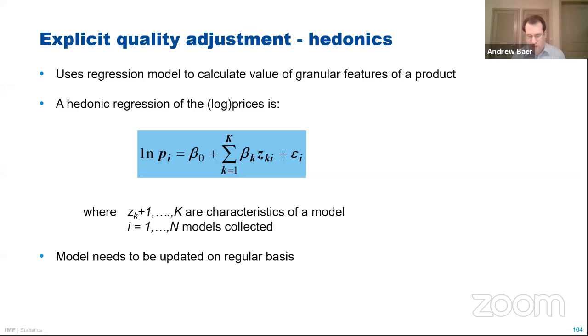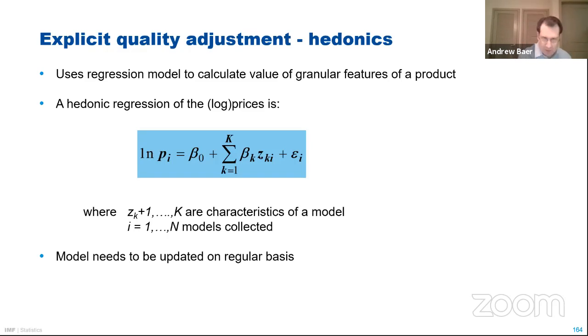Maybe you have a list of all the computers in the market, and you list out the prices for those computers and what is the exact amount of memory that each model has, and what exactly is the size of the hard drive for each of the different computer models on the market.